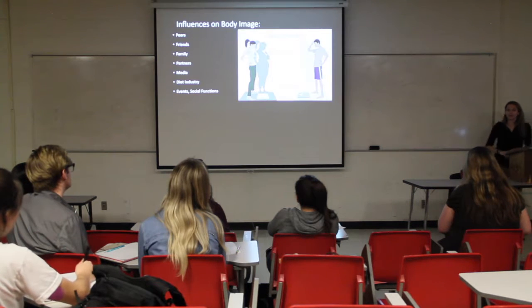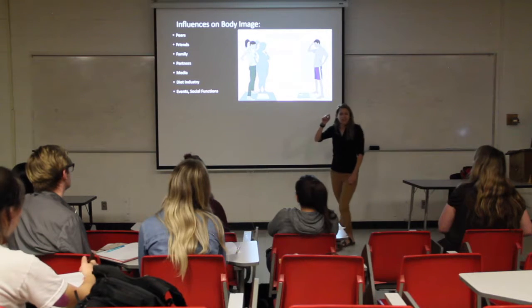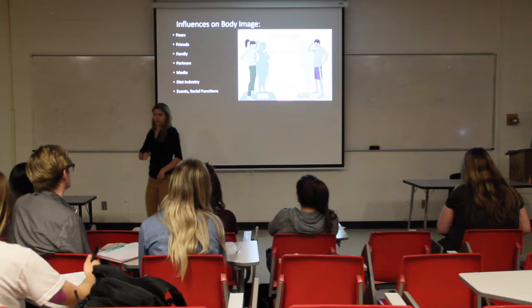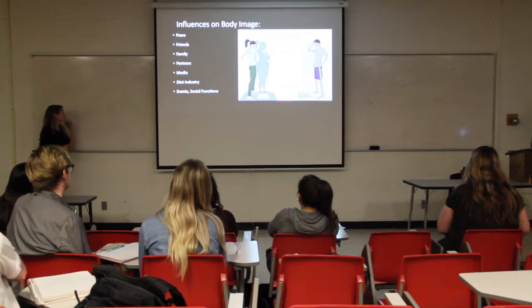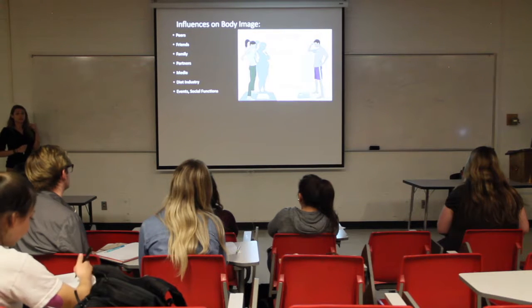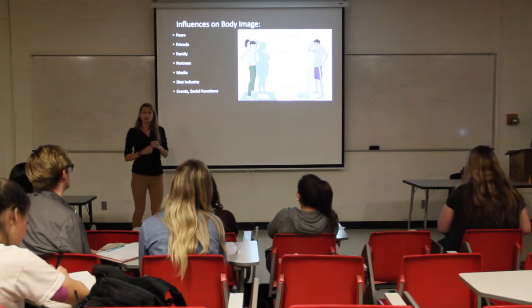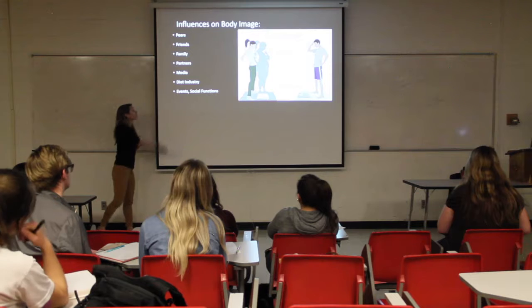Okay, influences. Sydney brought up social media. That's a huge influence today on our body image. And having poor body image, a low body image, is positively correlated with developing eating disorders or disordered eating pathologies. Here are just a few influences.